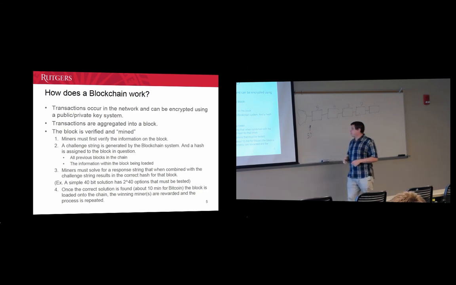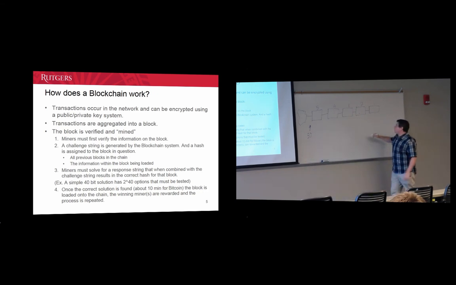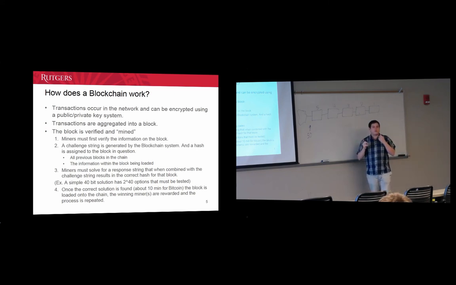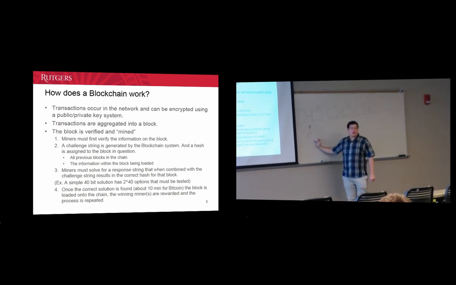We'll just call it 50 units. So if you were able to garner 51 units, or some amount more computing power than the rest of the system has, then you could theoretically alter this block and process all of these blocks quicker than the blockchain is processing new blocks, and then you can catch up to the blockchain.